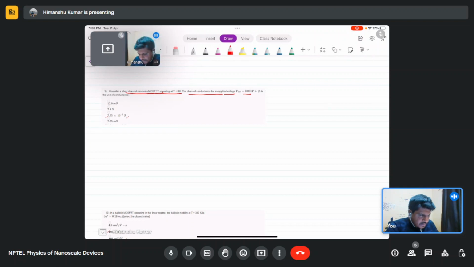In the near equilibrium case, this Fermi function we can approximate by the delta function of E minus EF.